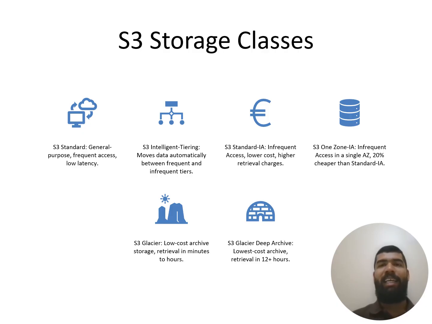Standard IA and One Zone IA provide lower cost options for less frequently accessed data. And Glacier and Glacier Deep Archive are ultra low cost storage options designed for long-term archiving, with retrieval times ranging from minutes to hours.